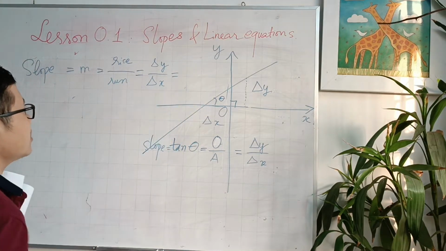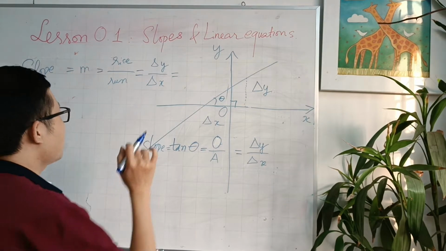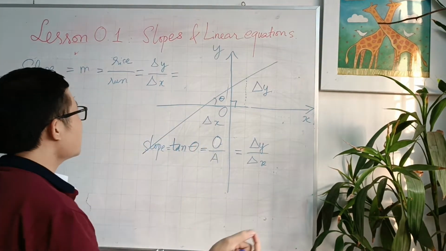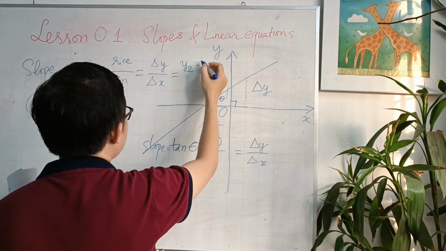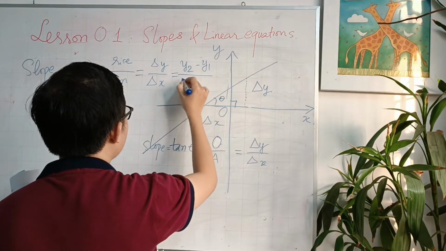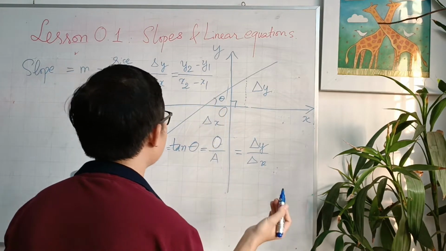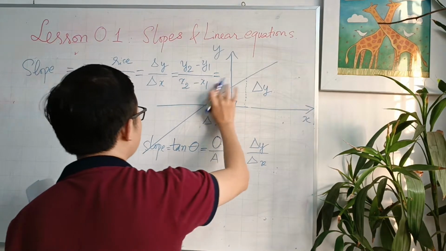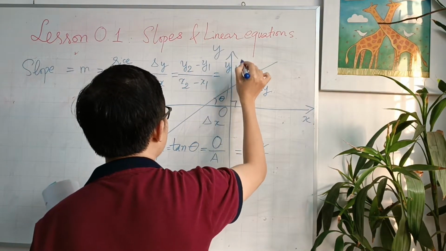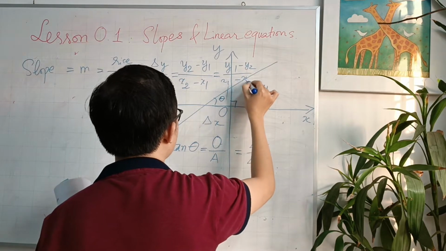Delta y is the difference between the two y coordinates, so it's the subtraction of y2 and y1: y2 minus y1 over x2 minus x1. And we can also write this formula the opposite way: y1 minus y2 over x1 minus x2.